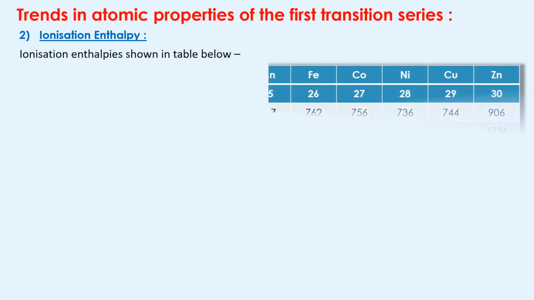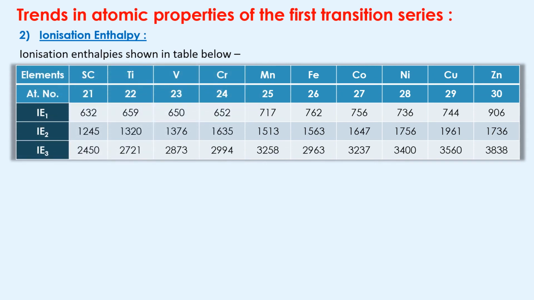Now, the ionization enthalpy table, as you see in this table. There are first ionization enthalpy, second ionization enthalpy, third ionization enthalpy. Now see, in this table, if you consider scandium, your IE1 is 632, IE2 is 1245, IE3 is 2450.